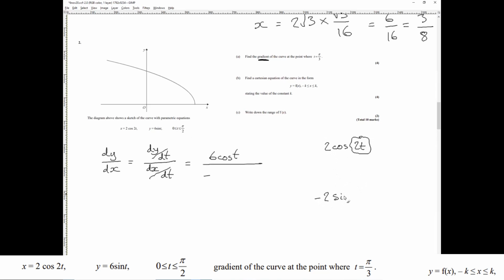Of that. But remember what the chain rule says we must do immediately afterwards?